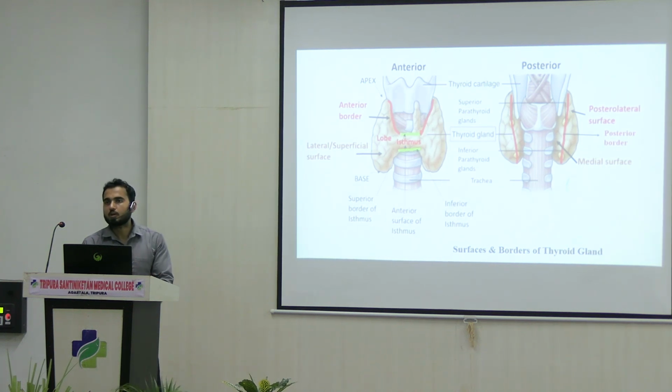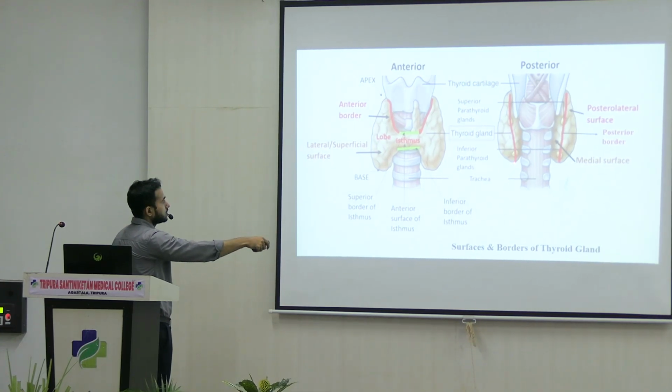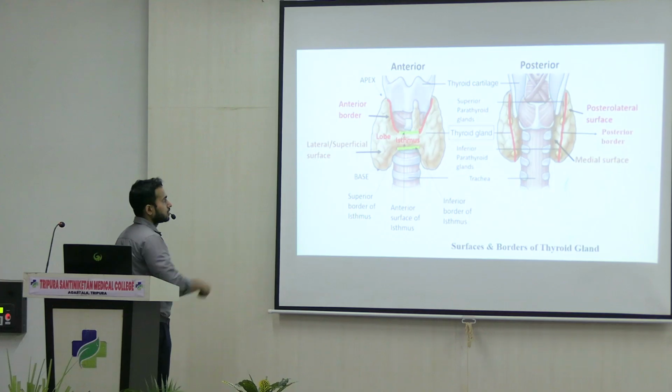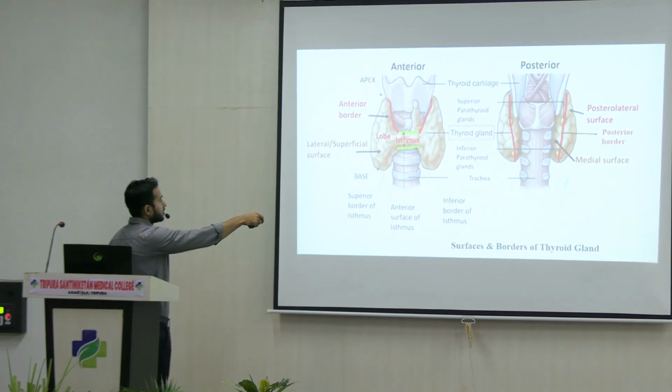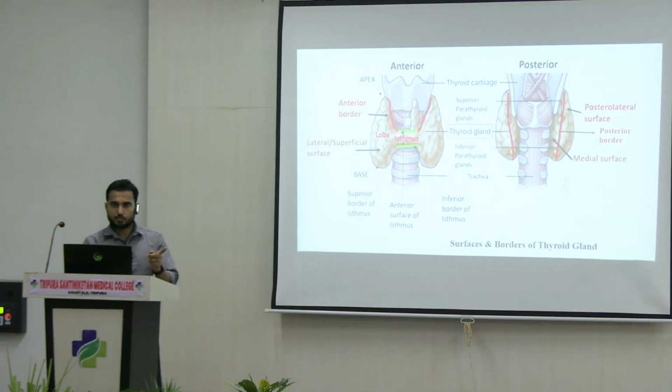Next, what are the borders and surfaces? First you will see the borders. Only two borders are there, anterior border and posterior border. Here you can see, coming downwards from the apex, this is the anterior border, and here this is the posterior border. This is also the anterior border. All the borders and surfaces will be the same for both lobes.